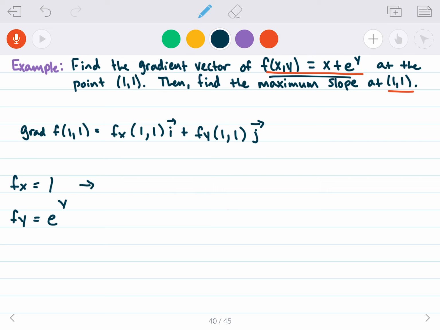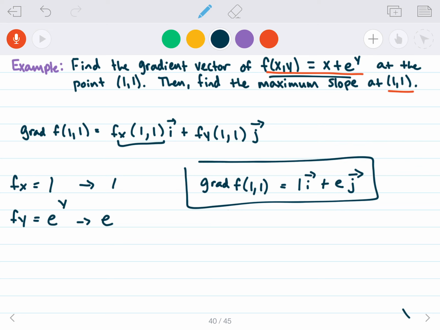This becomes e to the first, which is just e. And so I can find the gradient. The gradient is going to be 1, that's this part right here, 1i, don't have to write the 1, but anyway, plus ej. Okay, so this is my gradient.